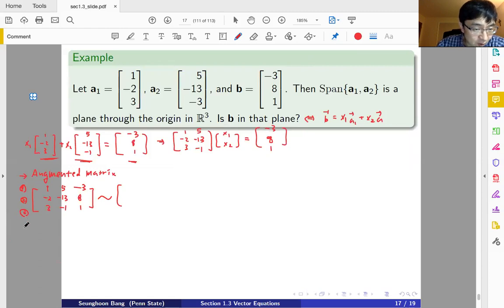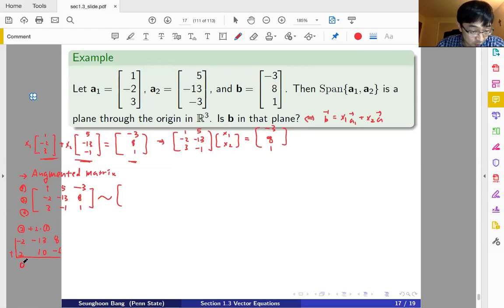Step 1: the second row plus 2 times the first row. So we have negative 2, negative 13, 8 in the second row. Two times the first row: 1 times 2 is 2, 5 times 2 is 10, negative 3 times 2 is negative 6, and add it.